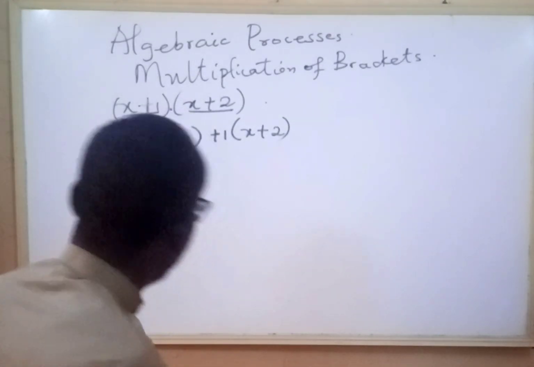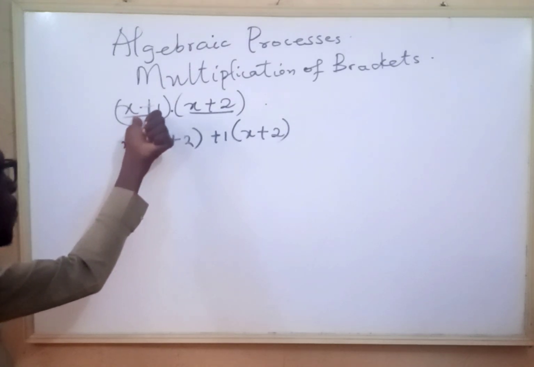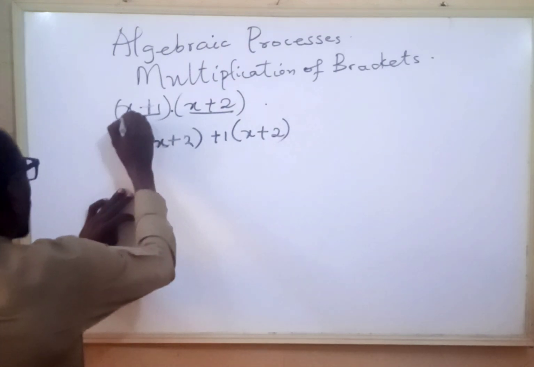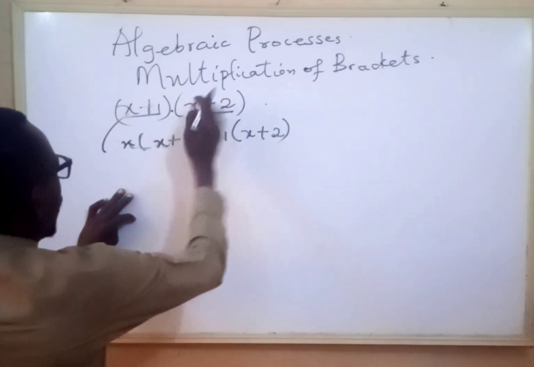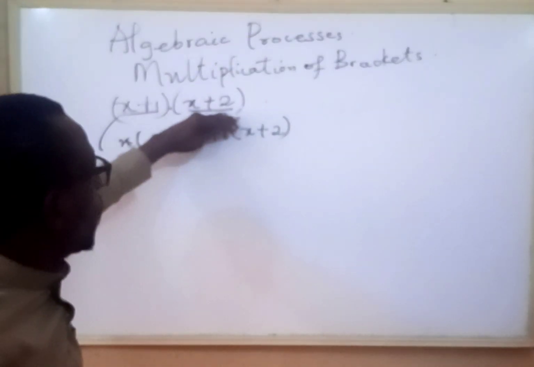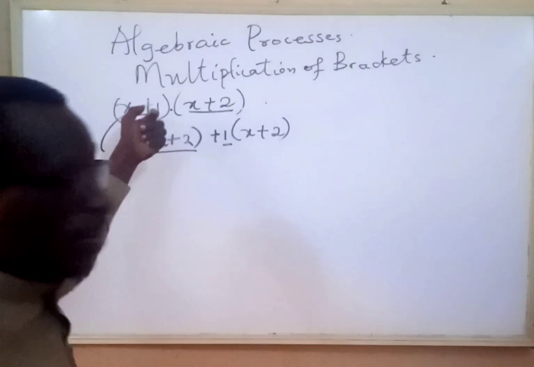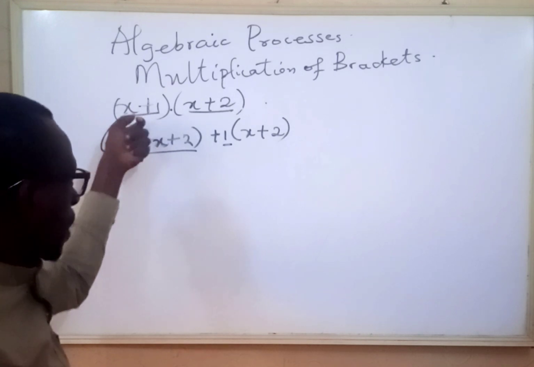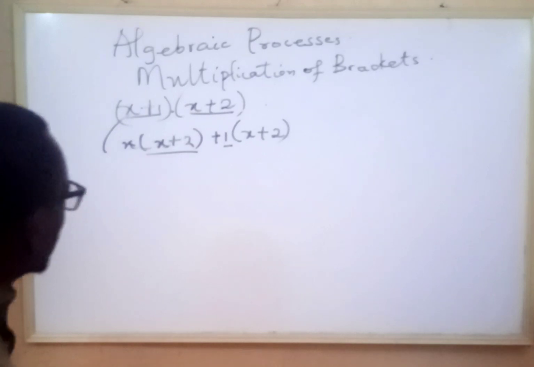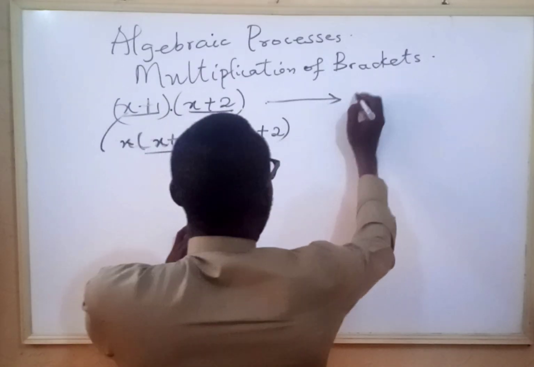The first thing we have done is that we have taken out a variable, a term, s, in such a way that we use this first variable on the whole of the second bracket, plus the second term in the first expression, which is the first bracket, times the whole of s plus 2.